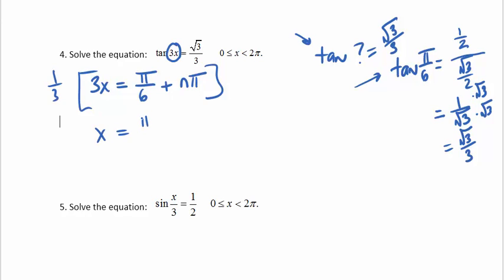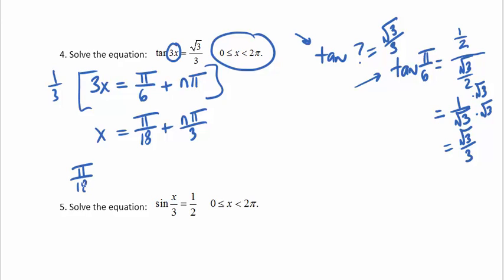And then I'll get pi over 18 plus n pi over 3. So every pi over 3, we're going to add another answer here. So there's going to be lots of answers because we want to give all the answers between 0 and 2 pi. So my first one is going to be pi over 18.